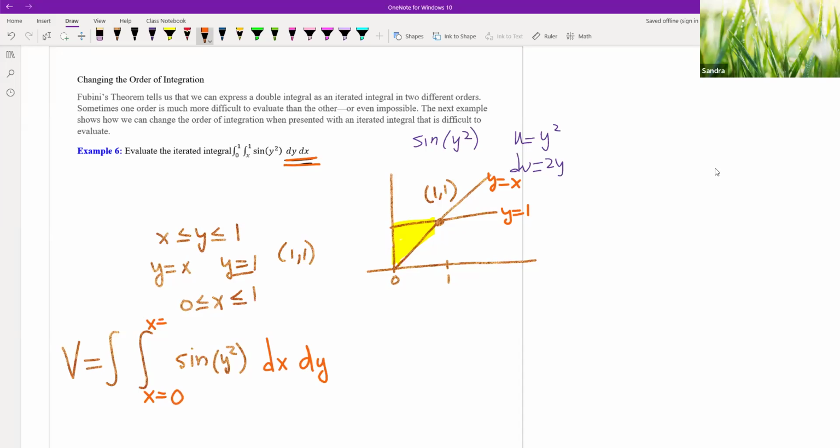And, I'm sorry, x is equal to y. Okay, and x is equal to y. x is equal to 0, and then x is equal to y.